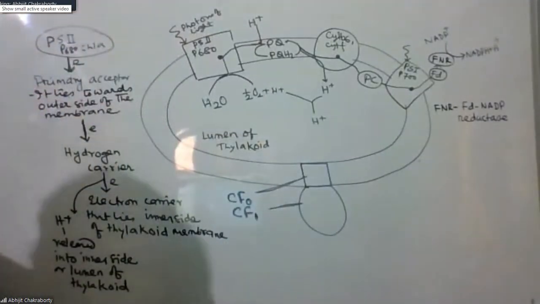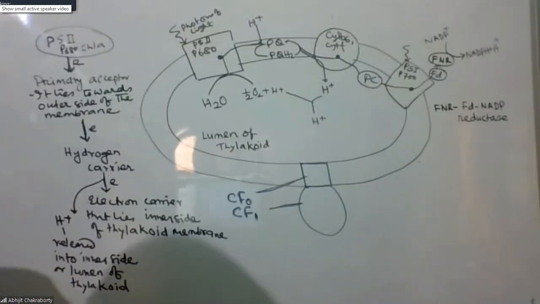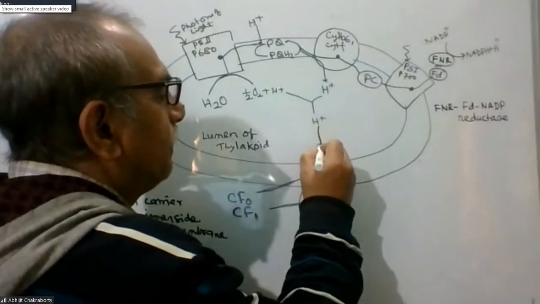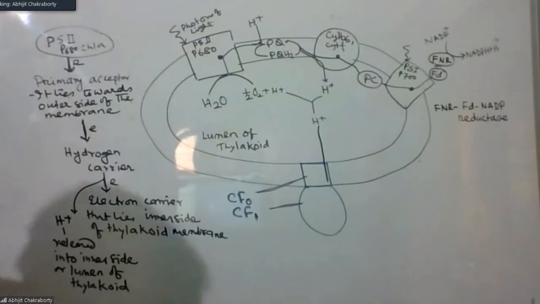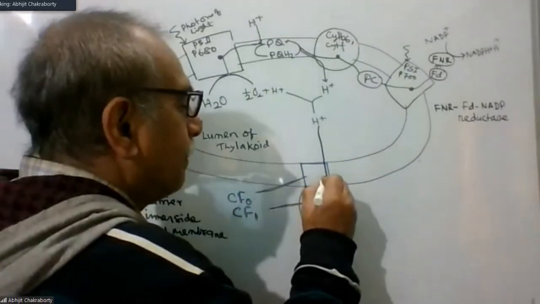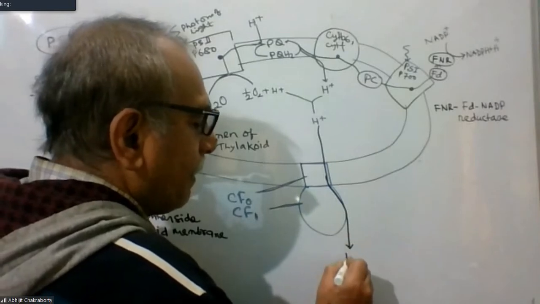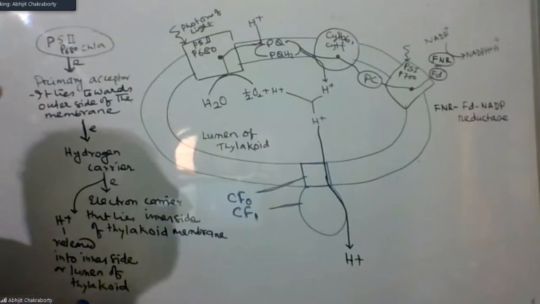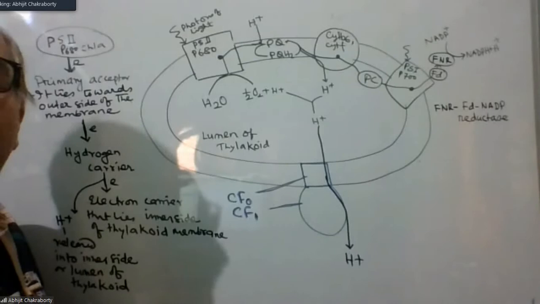So once the gradient is developed, now what happens? From here, protons are carried from the lumen into the stroma, and as a result the proton gradient is broken down.